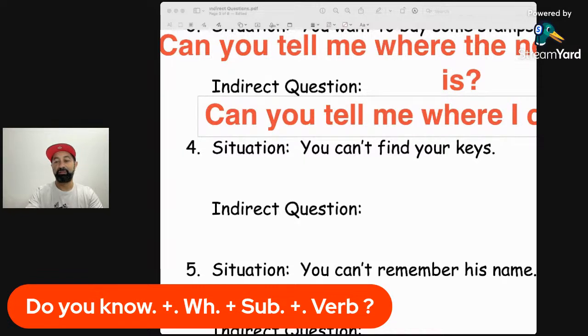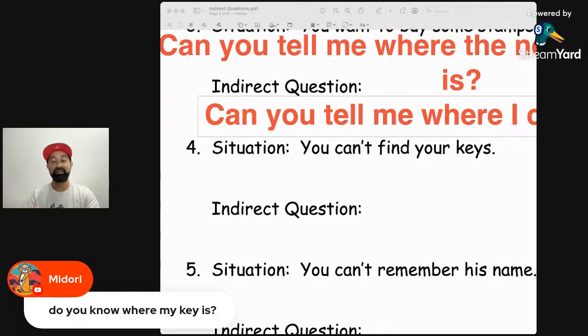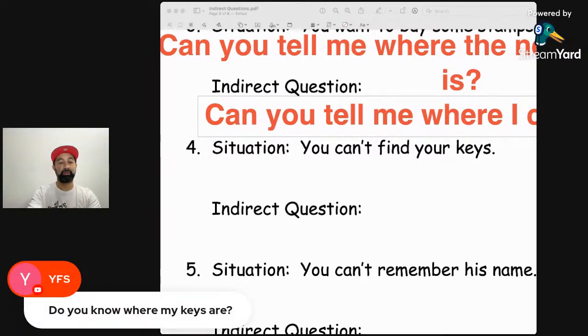All right, and we've got YFS, do you know where my keys are? Perfect. Midori, do you know where my key is? Perfect. Both questions are perfect. YFS, your subject was keys, so you used the verb are, which is correct. You matched the subject and the verb.